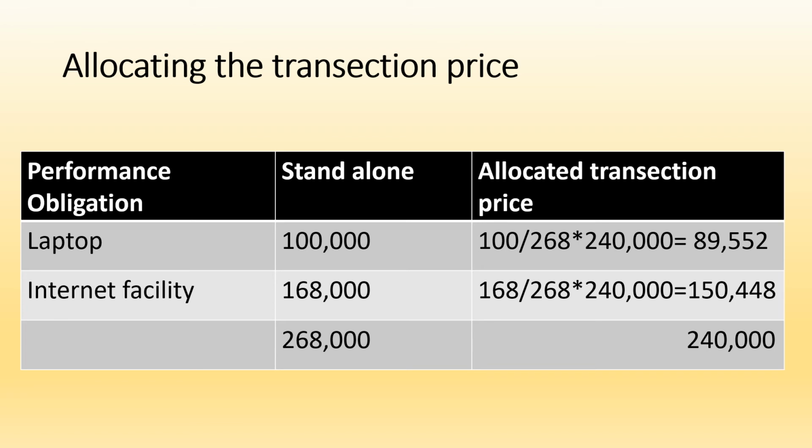Then, based on the proportion of standalone price, we are going to allocate the contractual price of 240,000 among the laptop as well as the internet facility. So, the allocated transaction price of the laptop is 89,552 and the allocated transaction price of the internet facility is rupees 150,448.